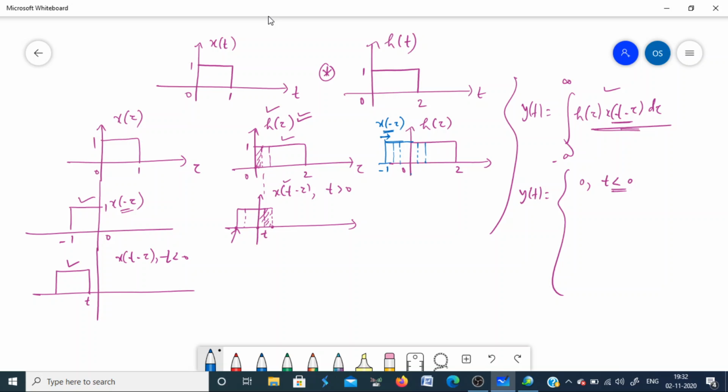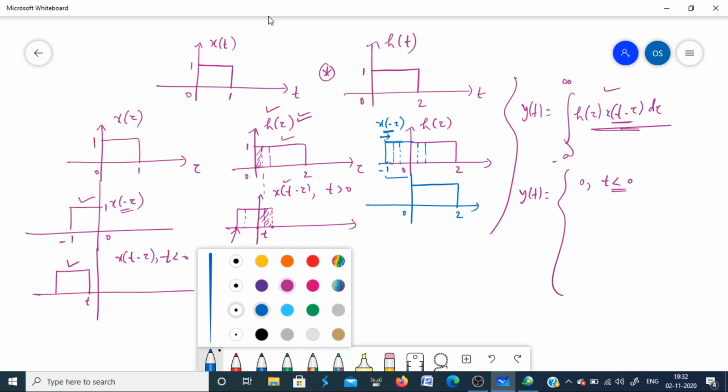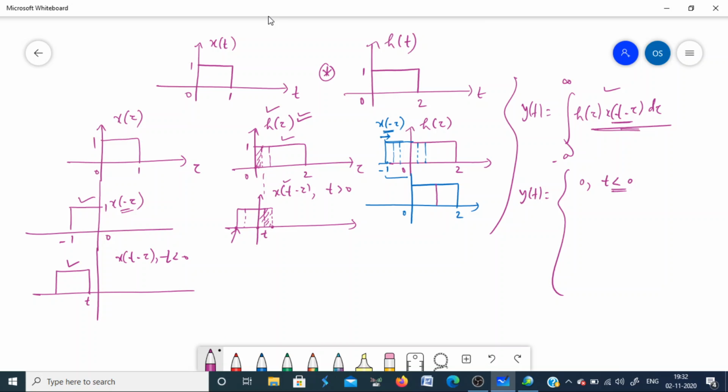So unless and until this signal x of minus tau is shifted by 1, you will have a situation like this: 0 to 2, this is fixed, and the second function will be shifted by 1, it will come like this, 0 to 1. So you have one limit, 0 to 1.